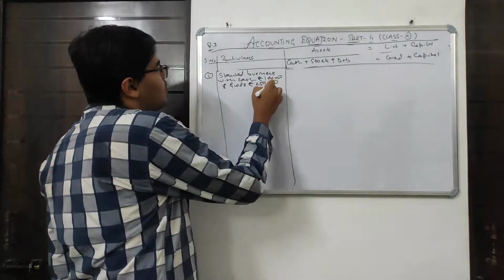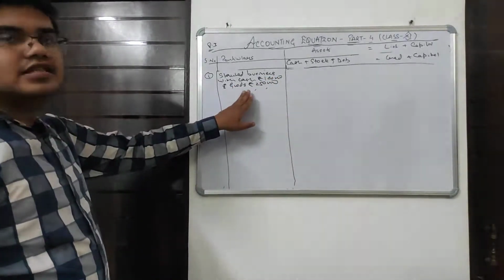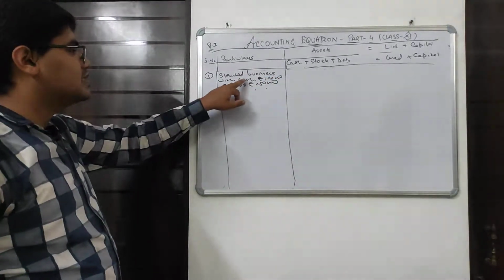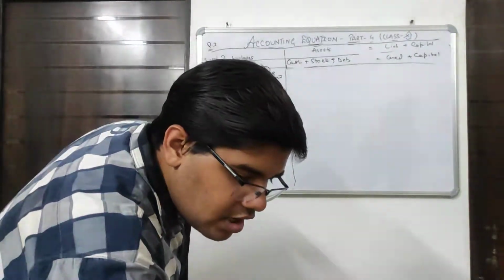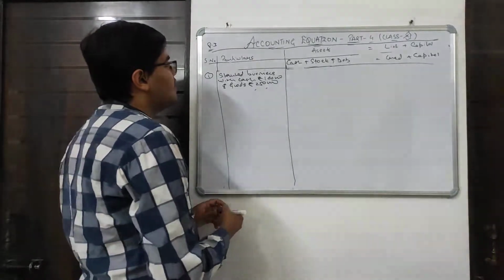Now the owner has invested two things in the business, two assets, that is cash and goods. So first of all, the cash will be added by 1,40,000.